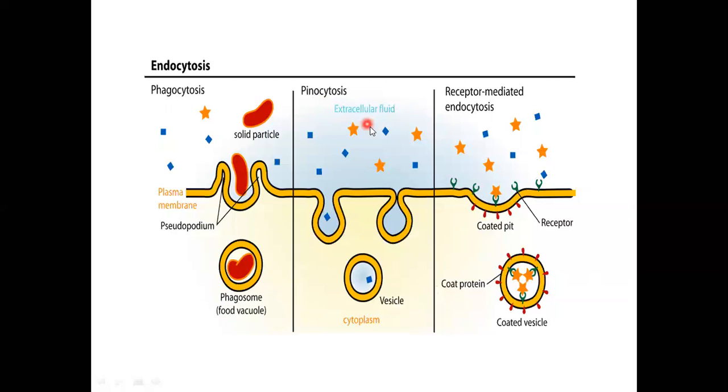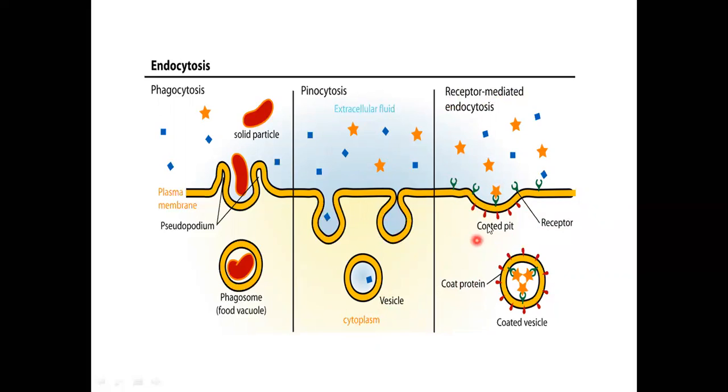Next is pinocytosis. Here the liquid molecule is engulfed by the cell membrane. So this is invagination, this is the vesicle formation. The third one of endocytosis is receptor-mediated endocytosis, in which clathrin is important. Clathrin is a protein. You can see here, this is the membrane. Here the receptors are present. These are the receptors. This is the clathrin protein, coated pit.